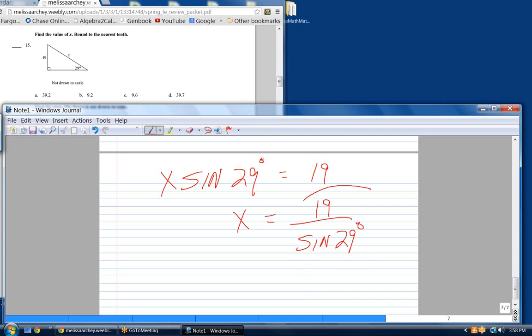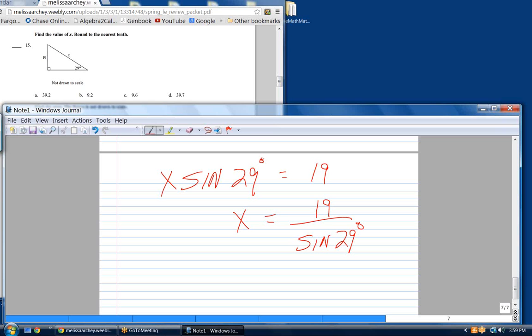In your calculator, do 19 divided by the sine of 29 degrees, right paren, and you'll get x. There's no need to do it in two steps like you've been doing it. You don't want to write a number out because you're going to round that off, and you don't want to round it off yet.